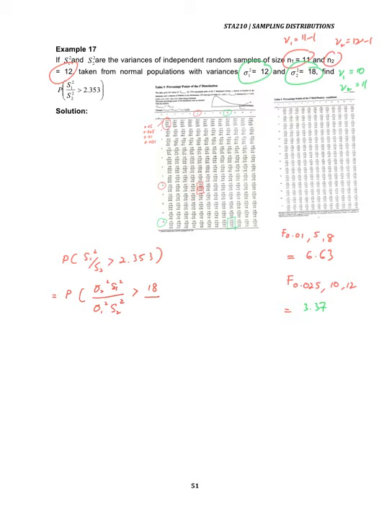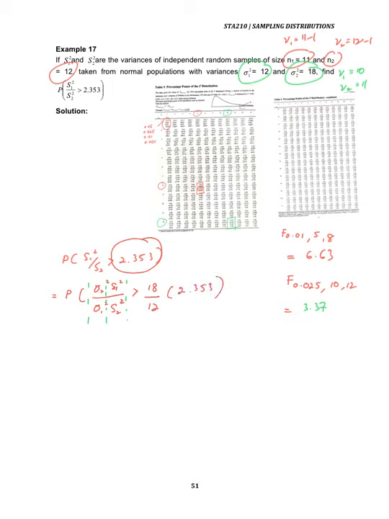Dia macam ni kalau kita pecahkan this one. Okay, so sigma 2 square yang depannya, sigma 1 square is 12. Darab dengan S1 square over S2 square, value tu yang ni kita darabkan dengan 2.353.